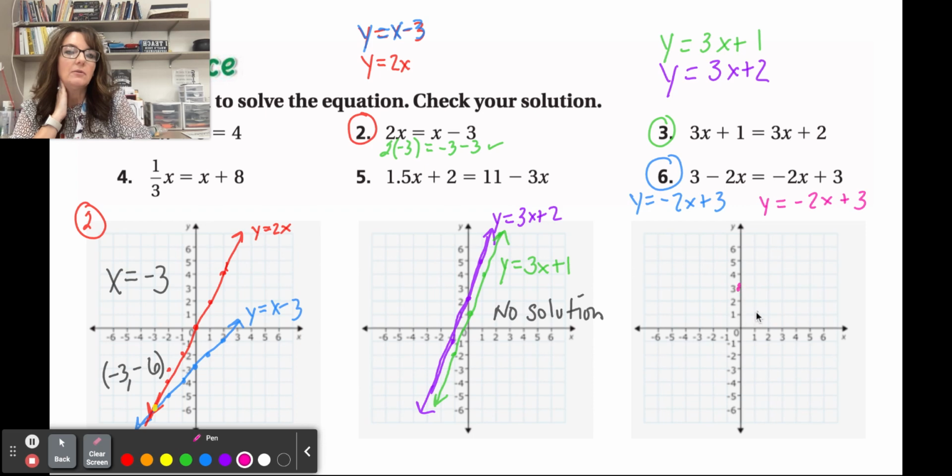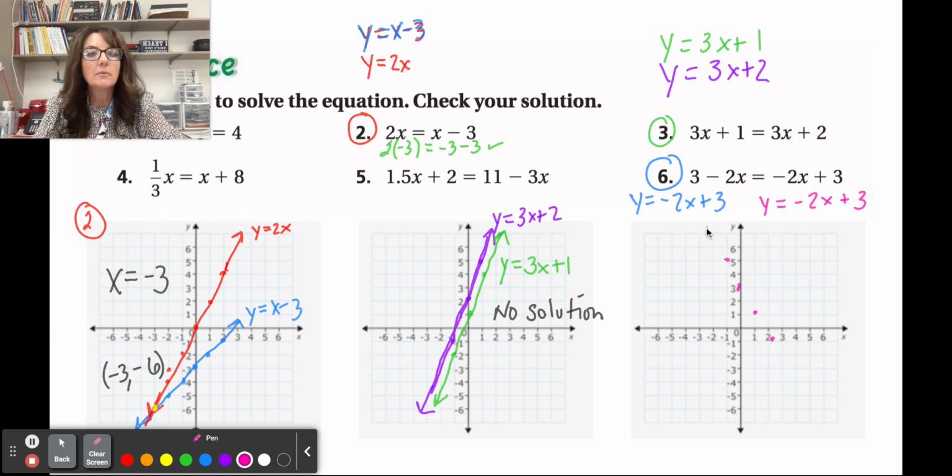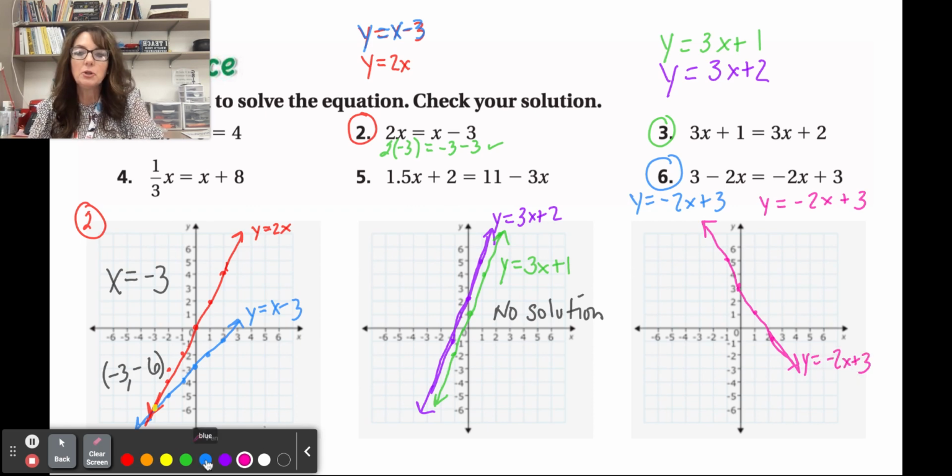Okay, so my pink line looks like this. That's so crazy, isn't it? All right, so this is y is equal to negative 2x plus 3. Go back to blue.